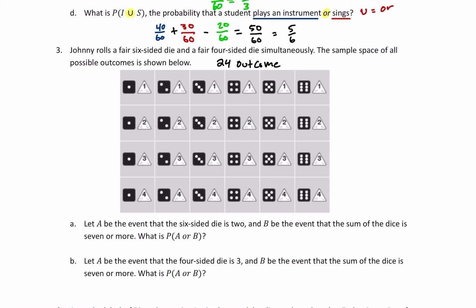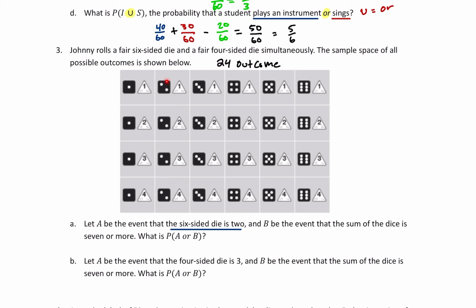Okay, so let's read letter A. It says, let A be the event that the 6-sided die is 2. So I'm going to underline that one blue. In all these boxes, I've got 2 dice: a 6-sided die and a 4-sided die.